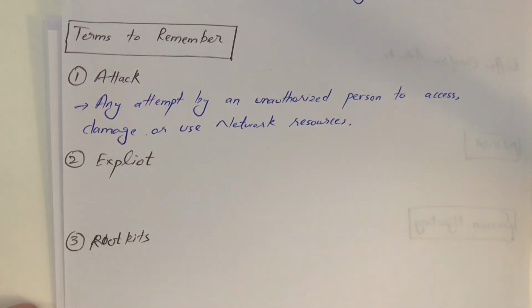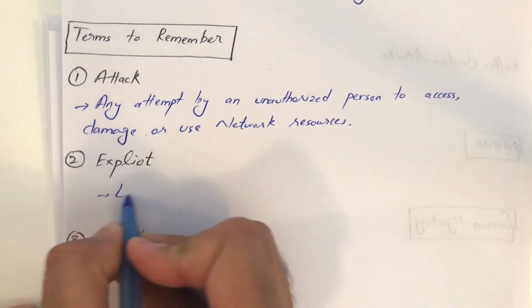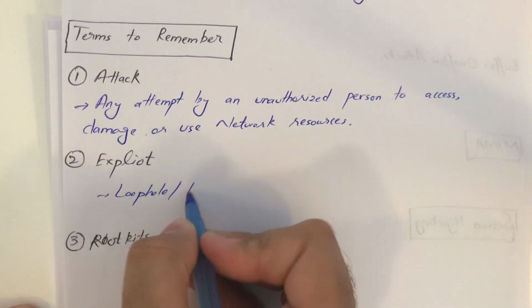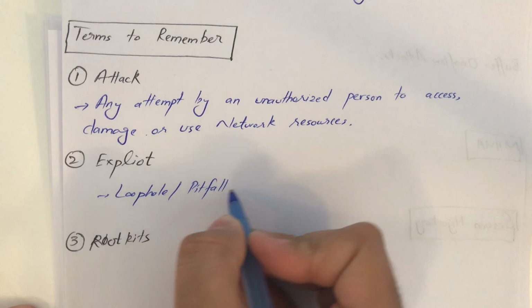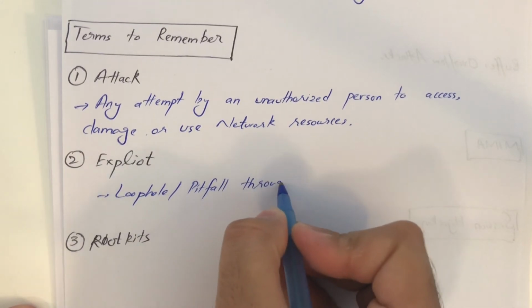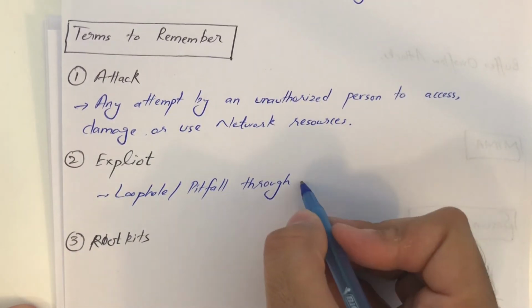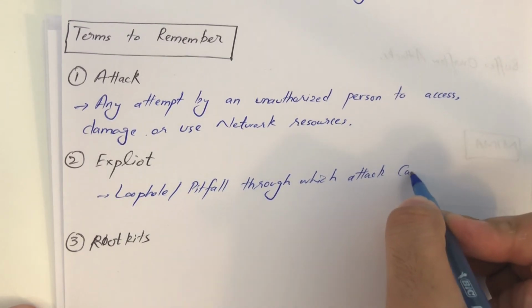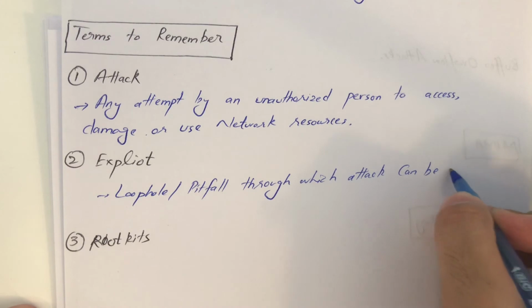That's called an attack. While an exploit is basically a loophole, or you can say a pitfall, through which an attack can be realized or executed.